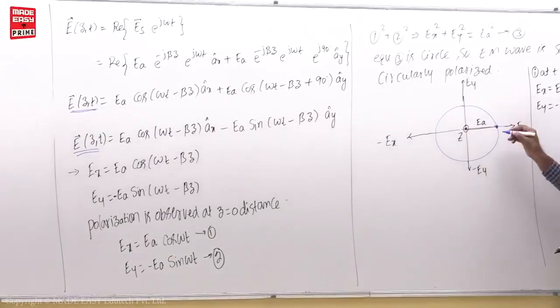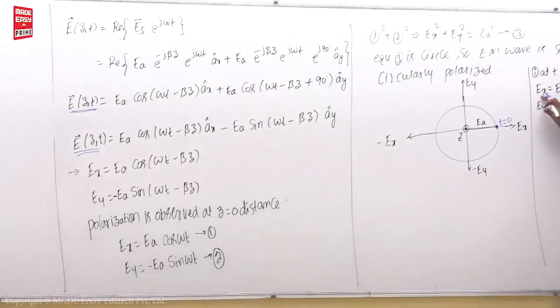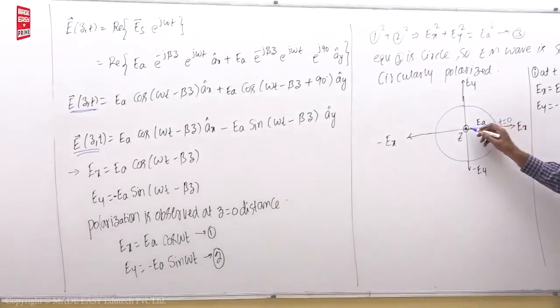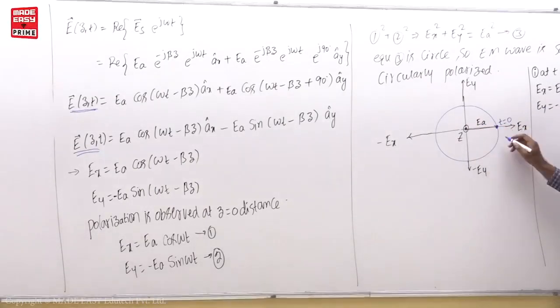So this is the tip of the electric field when time is equal to 0, students. Once again I am telling, at time 0, the electric field x component is Ea, but the y component is 0, meaning no need to have a y value here.